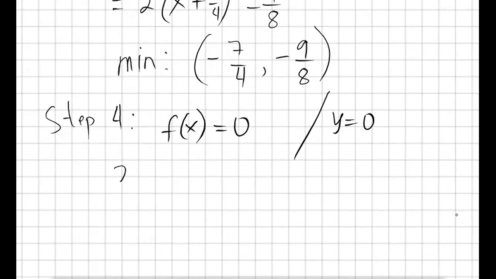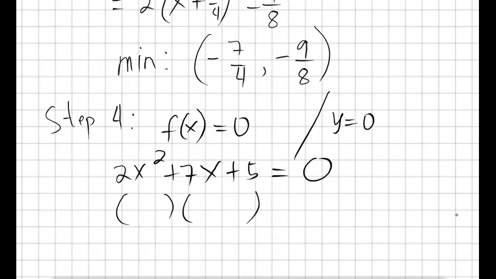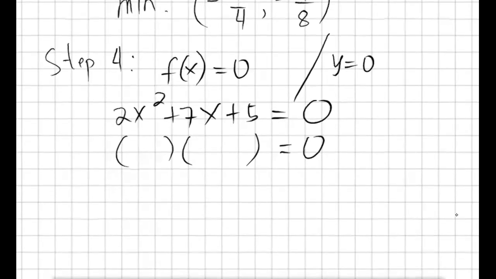Okay, so 2x squared plus 7x plus 5 is equal to 0. So then factor, of course. You can use trial and error to factor, or if you're sure, then just apply it. So in this case, 2x squared is 2x times x, and 5, let's say 5 times 1.